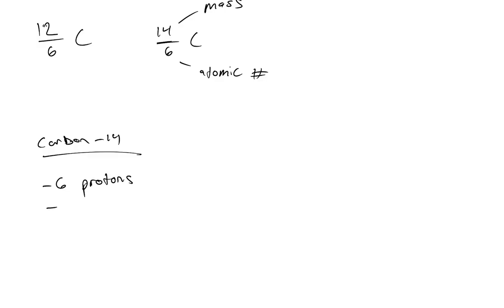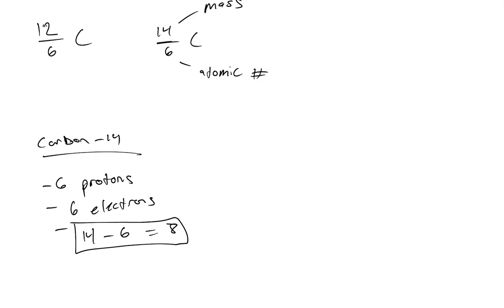It has 6 electrons, since it's a neutral atom. And it has 8 neutrons. And we know that because it's 14 minus 6, which equals 8. So 8 neutrons.